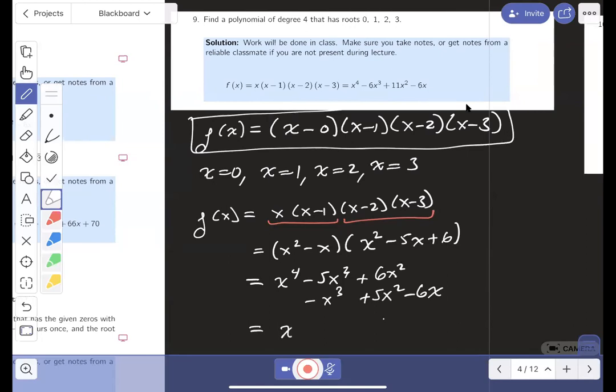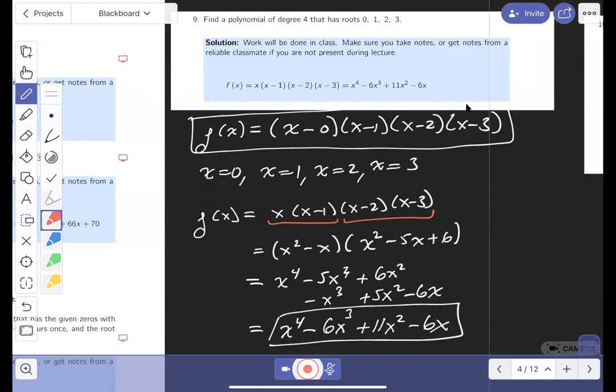What do you get there? x to the 4th minus 6x cubed plus 11x squared minus 6x. Let's go to the answer and see if you got the right answer. x to the 4th minus 6x cubed plus 11x squared minus 6x. This answer is also being listed, by the way, and that's right over here. Okay, let's go to 10.